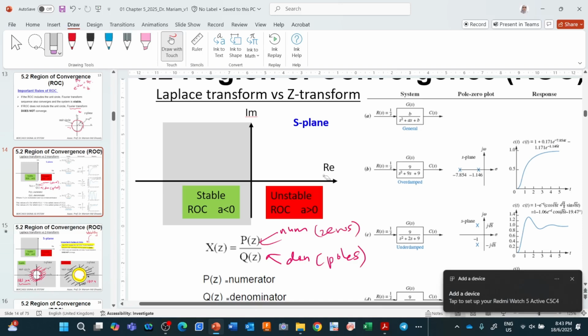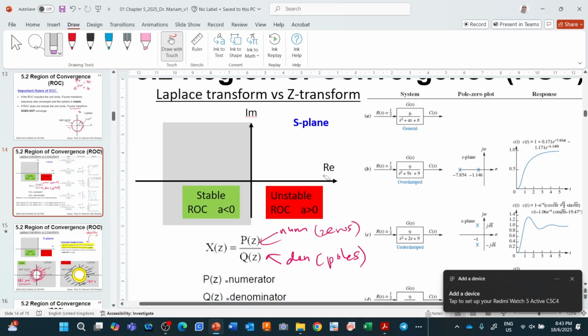Similarly, how you write the equation for the Z transform will be similar to the Laplace that you have learned, except that S is written as Z. So you have X(Z) equivalent to P(Z) over Q(Z). It can be any equation, Y(Z) over X(Z).